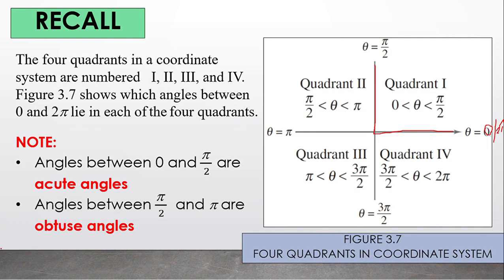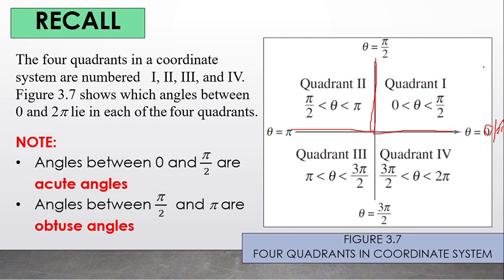Okay? And then, angles between pi over 2 and pi are obtuse angles. So, kapag nandito na tayo sa kabilang side, ayan yung tinatawag nating obtuse angles. Okay? So, proceed to the next.